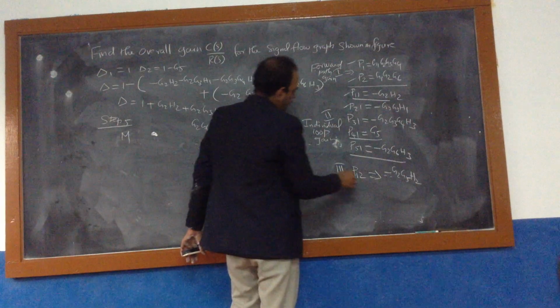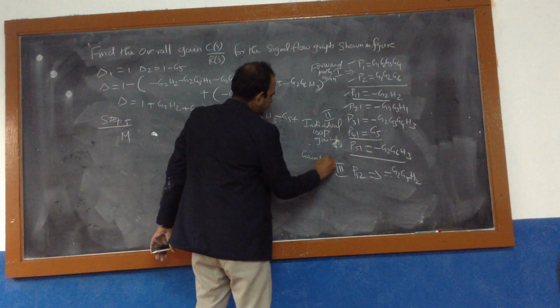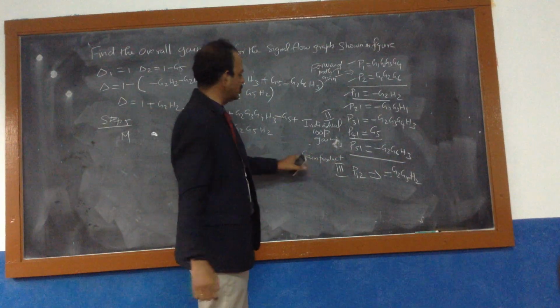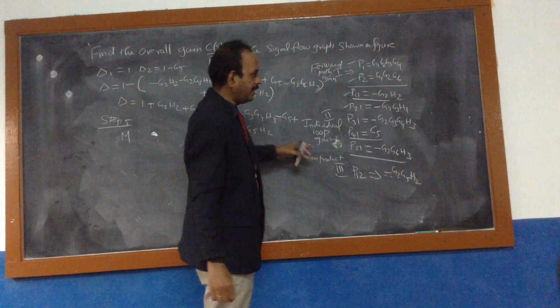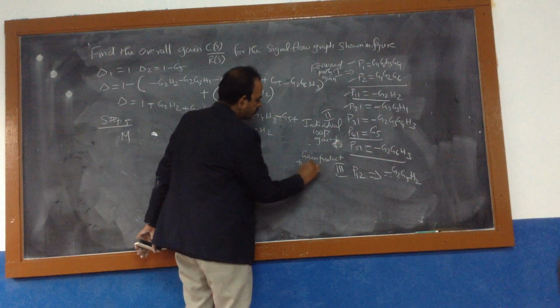The third step: we have found the gain product of two non-touching loops. Since we have formed a pair, from there we take the product.